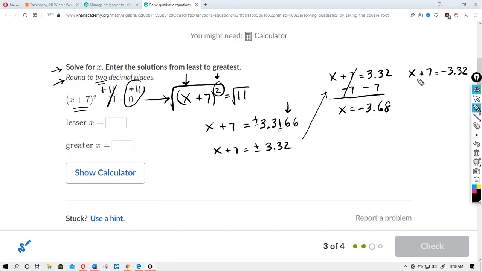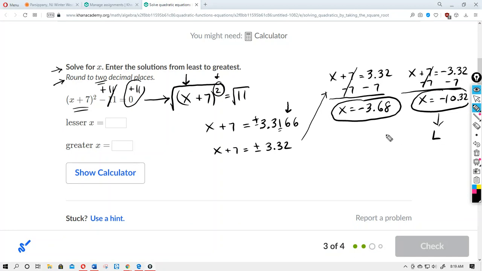And on the other side, the other equation, we'll just do minus 7 on both. The 7's cancel. And x is negative 10.32. All right. So we have two answers. And the bigger negative is actually the lesser.